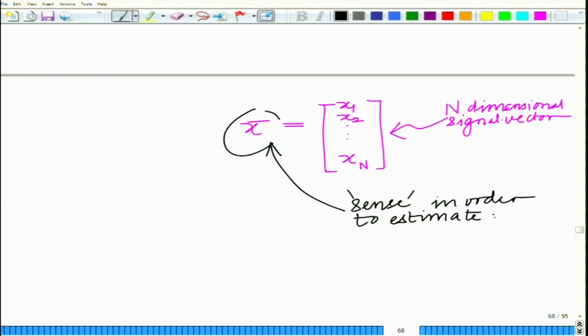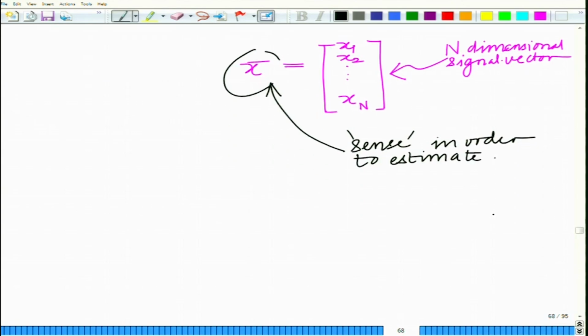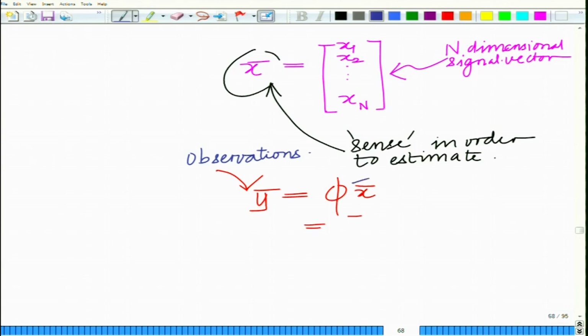So you have to sense this in order to estimate, and therefore what we have is y bar equals phi times x bar. So we are measuring, this is your observation vector, and you are sensing this vector, and these are your observations. Y bar is your observation vector, and phi becomes your sensing matrix.